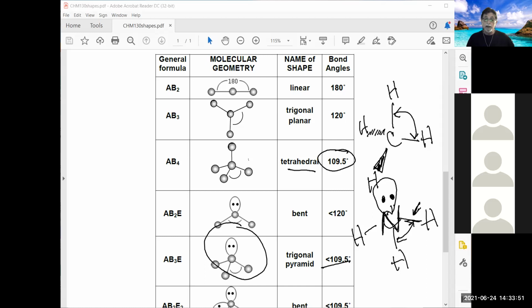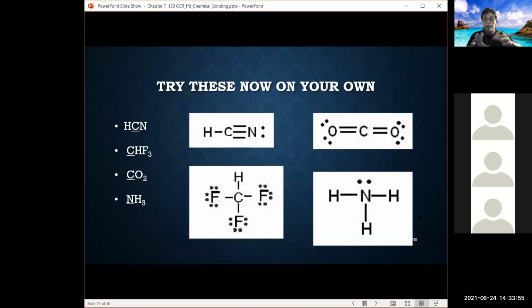All right, so let's go back. To summarize all this, given a formula, we determine the number of valence electrons that every atom brings to the structure of the formula, okay? And we determine that from its position on the periodic table.